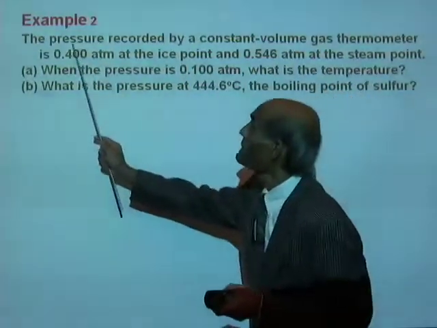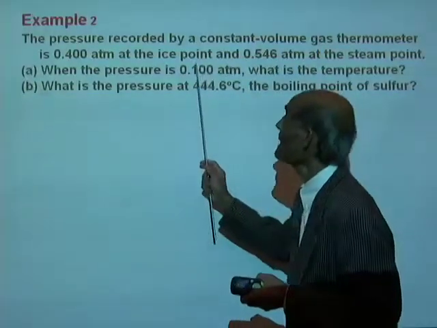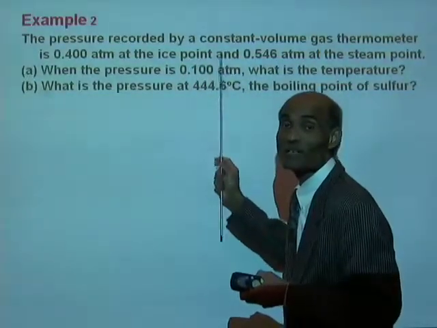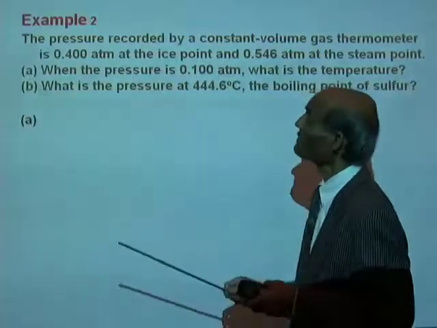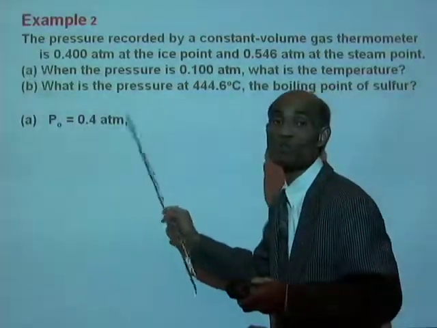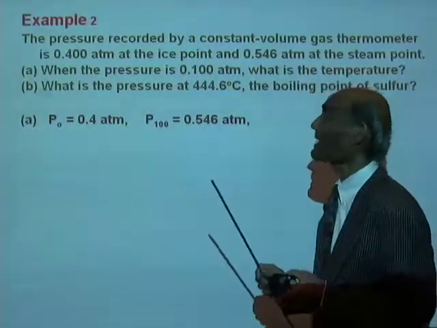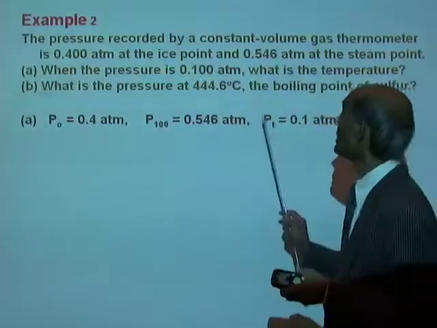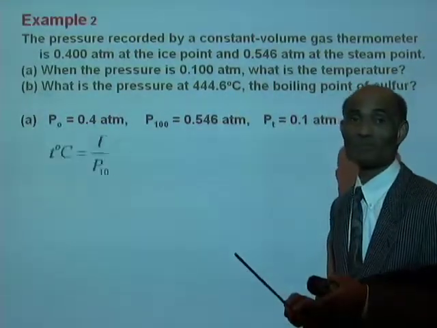Well, we have P0, we have P100, we have P sub T. We need to find the temperature corresponding to that. Let's write those down. P0 is 0.4 atmosphere. P100 is 0.546 atmosphere. P sub T is 0.1 atmosphere.